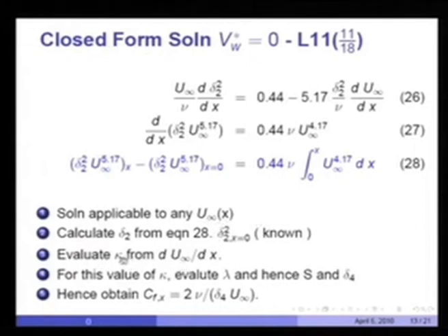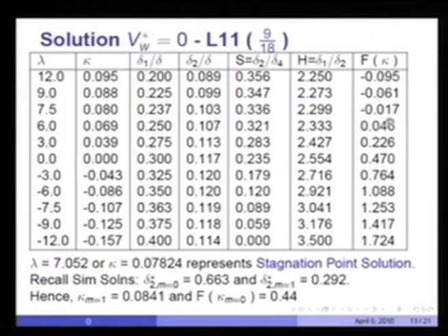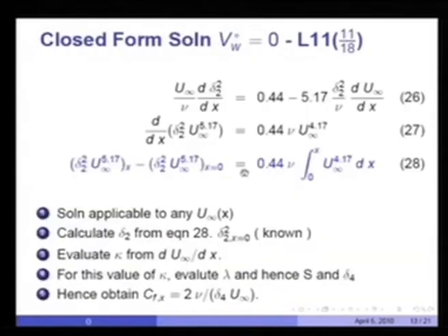So, for this value of kappa, you can evaluate the S value. By knowing the kappa value, you can interpolate to get the S value. So, you get a shear stress value, from which you can evaluate S and delta 4, and from delta 4 you can evaluate the skin friction coefficient, 2 nu over delta 4 u infinity, which is what we wish to evaluate anyway. So, that is the purpose.